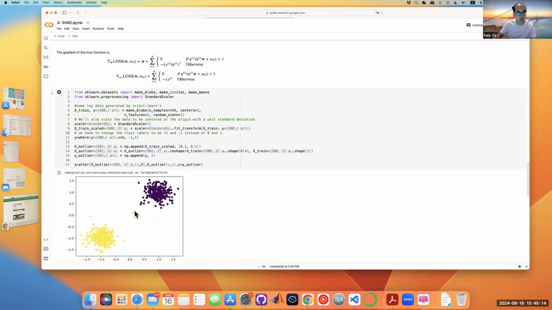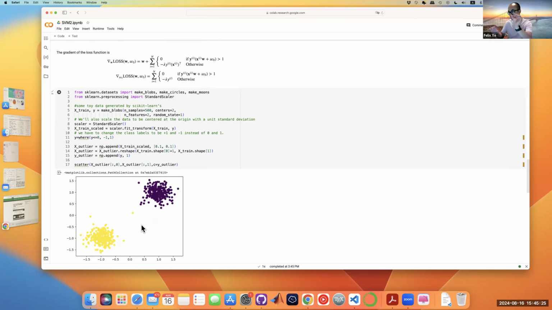Hypothetically, if we use a hard margin, it should draw a line between this outlier and this other point, which would make the whole region and the margin really small. So it would be really bad. Ideally, if we use a soft margin, it should draw the decision boundary right here, such that this outlier point will be violated. Let's see how it works.